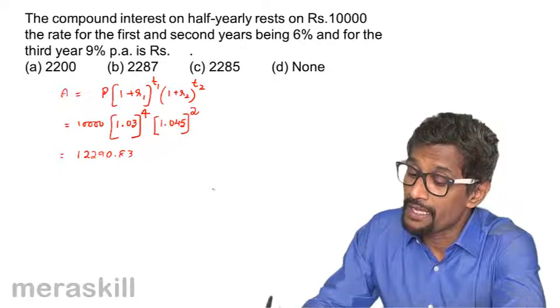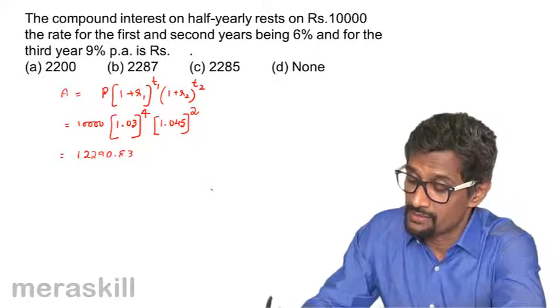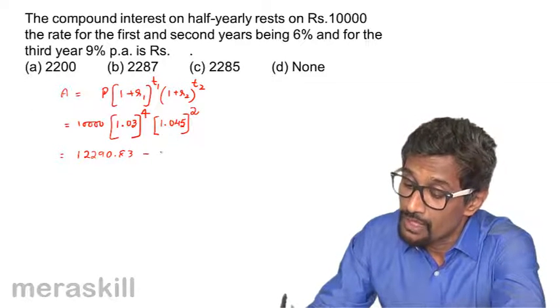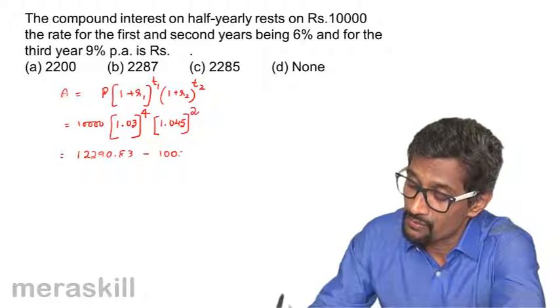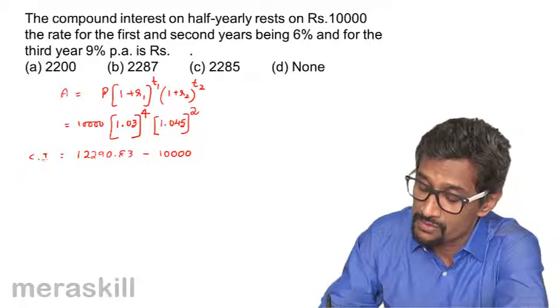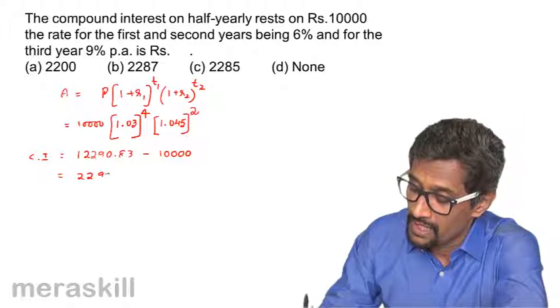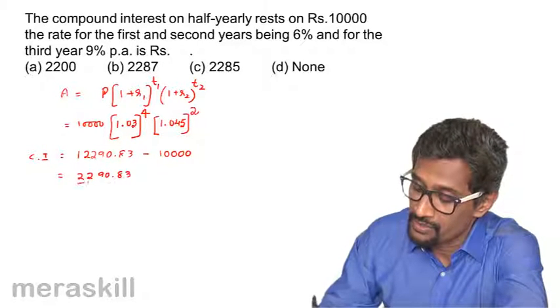But we need to find the compound interest. So we need to subtract how much? 10,000 from this. So the compound interest is going to be this. So this is roughly 2,290.83 is what we get.